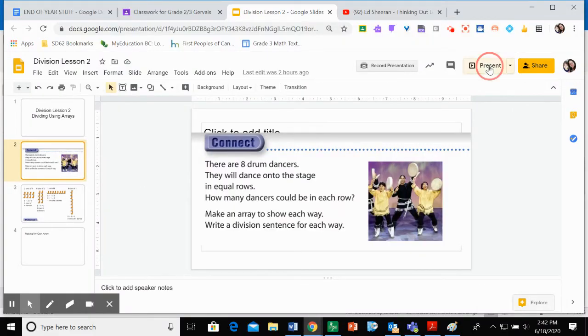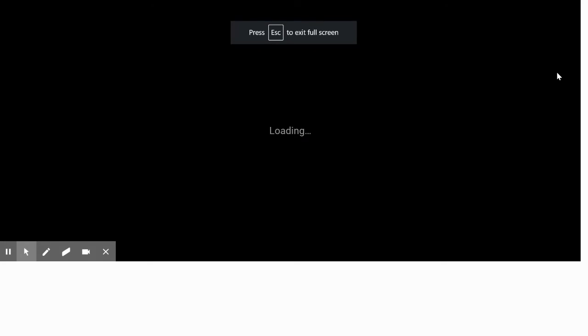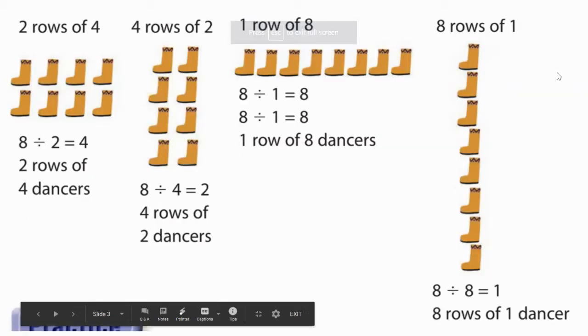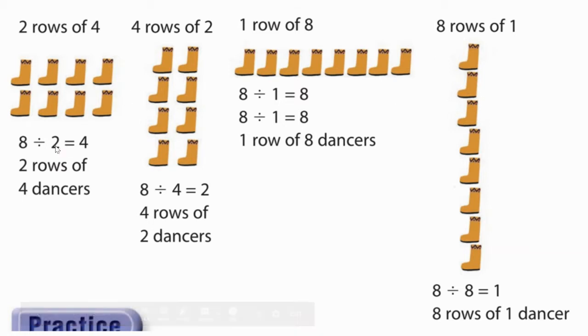So let's go back to the PowerPoint here. All right, so here we have 2 rows of 4. 8 divided by 2 equals 4. 2 rows of dancers. 4 rows of 2. 1, 2, 3, 4. 8 divided by 4 equals 2. 4 rows of dancers.